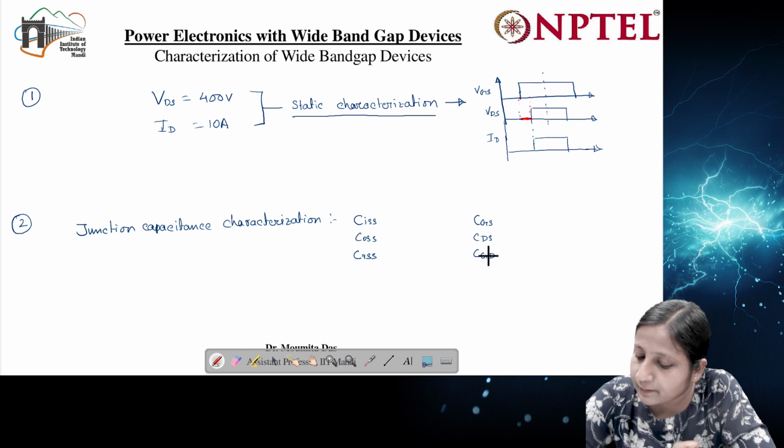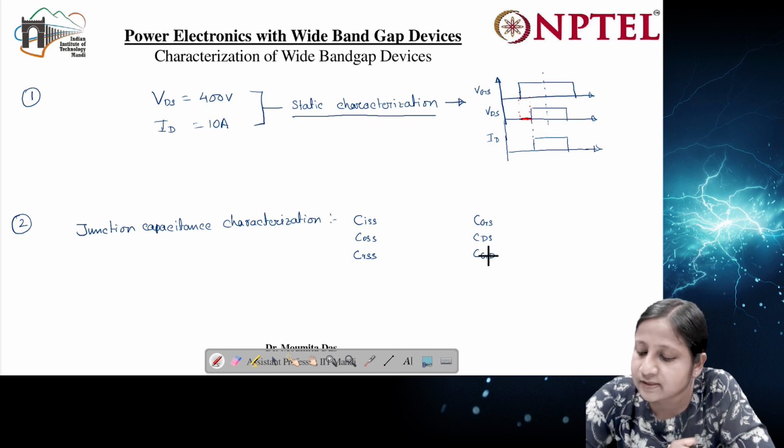Now these capacitances give the value of the input, output and reverse transfer capacitance. So input capacitance will have two capacitances of the gate, then output capacitance will have two capacitances of the drain, and the reverse capacitance will have only one capacitance between drain to source.